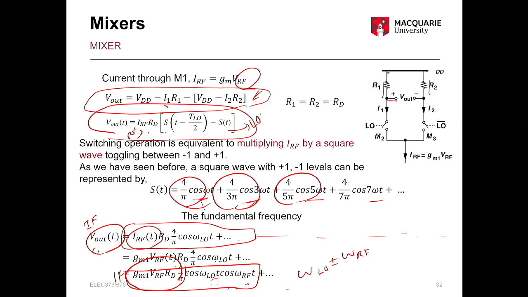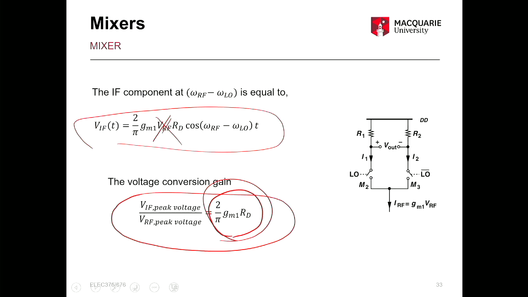Here it was 4 divided by pi, 4 divided by pi cos omega LO times omega RF. So it will give you half of the coefficient of this one. Because of that half, it went from 4 divided by pi to 2 divided by pi. And now you remove the RF and you get the equation like that.